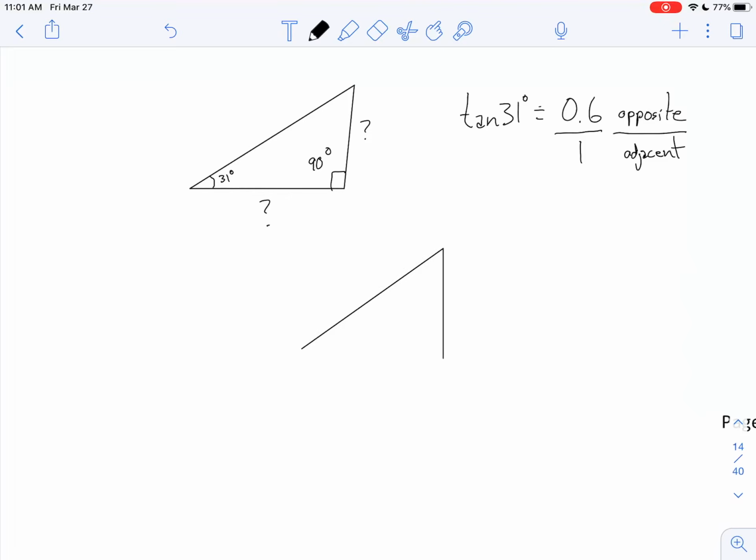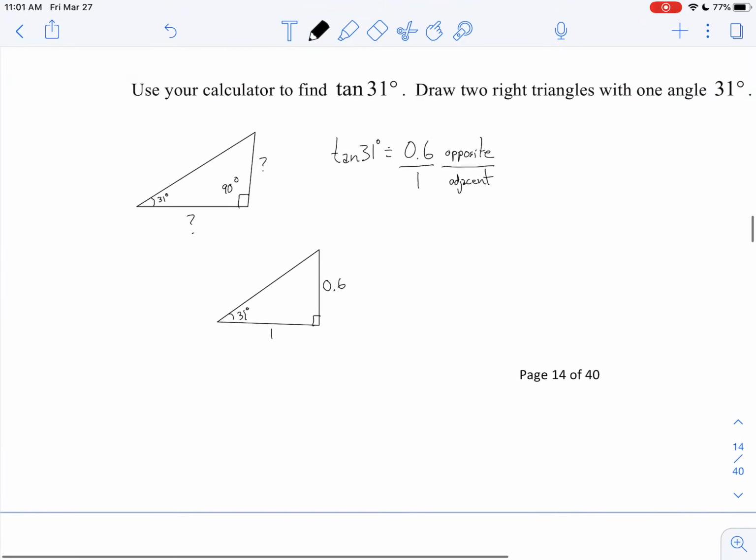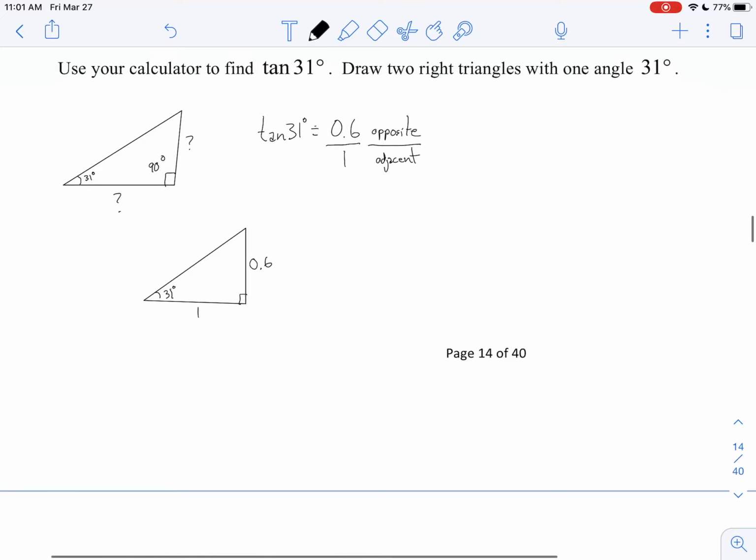Example 1, right about there. 90 degrees. If this is 0.6, this is 1. That means this is 31 degrees there, and that would be 90 degrees. I'm not too sure what my hypotenuse is yet, or that longest side is yet, but that's okay. We're going to leave it alone.